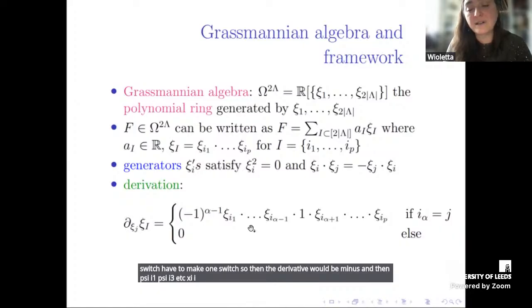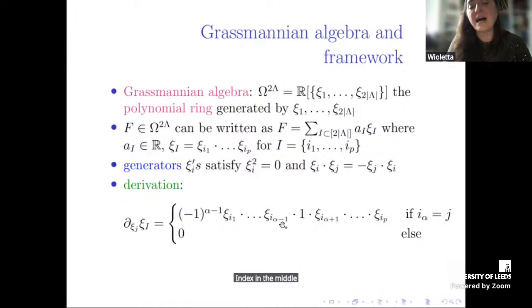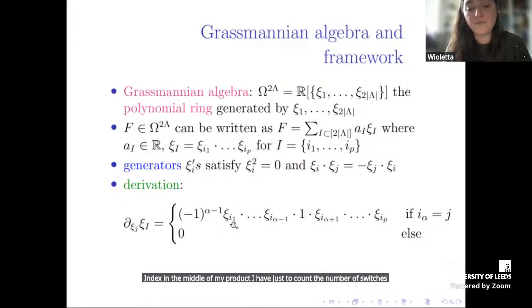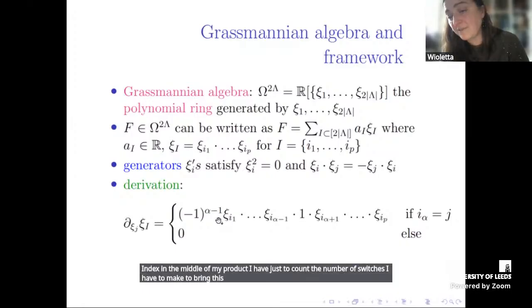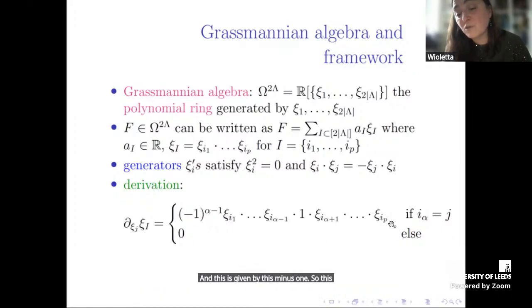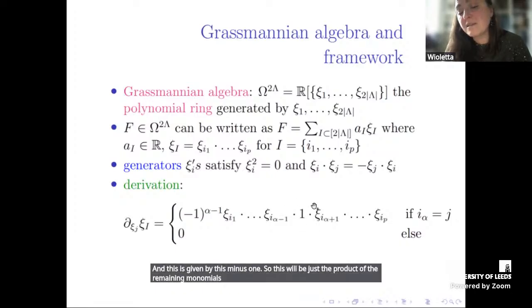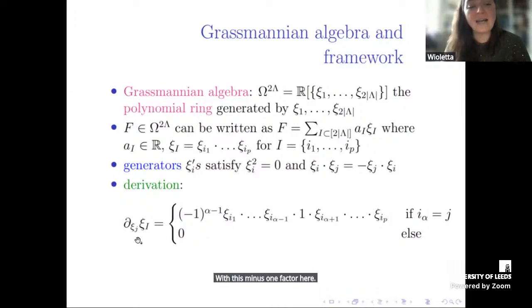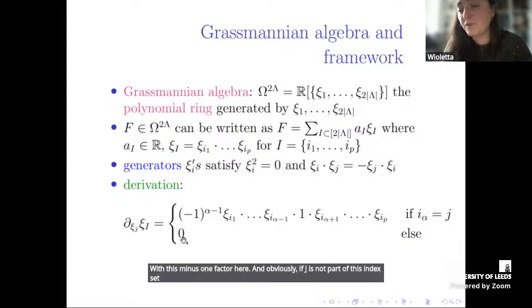And in general, if j is equal to alpha, some index in the middle of my product, I have just to count the number of switches I have to make to bring this monomial to the left. And this is given then by this -1 power. So this will be just the product of the remaining monomials. I replace the one which I'm deriving by 1, and I have to be careful at which position it was, because I have to count for this in the number of switches with this -1 factor. And obviously, if j is not part of this index set, then the derivative is 0.